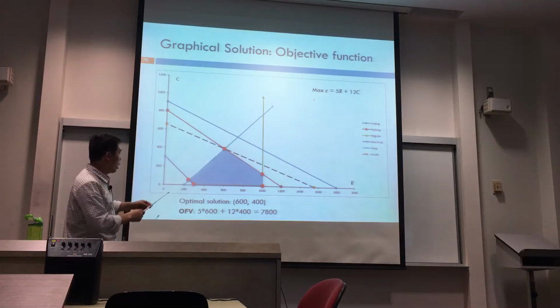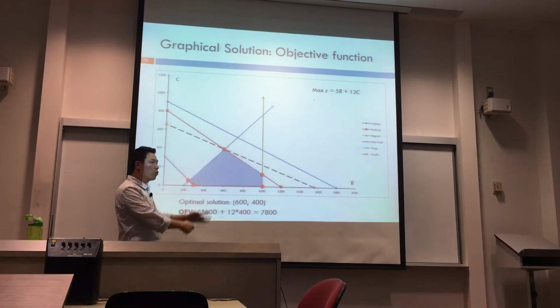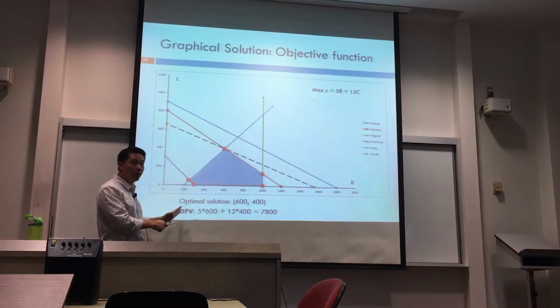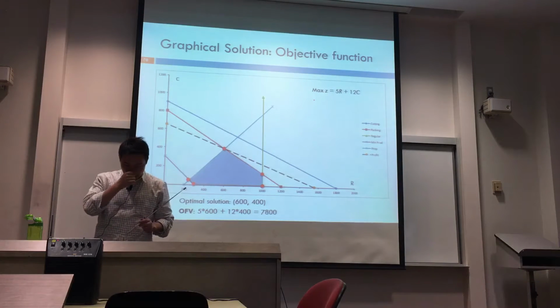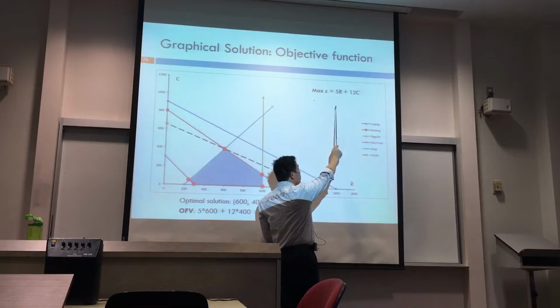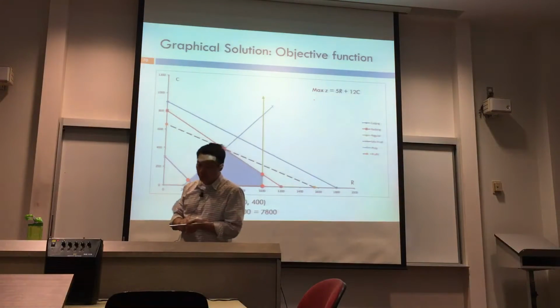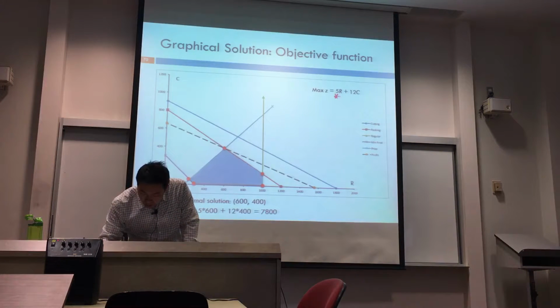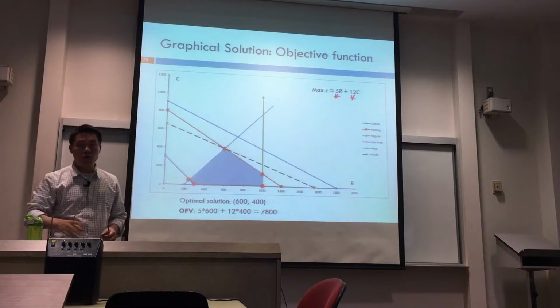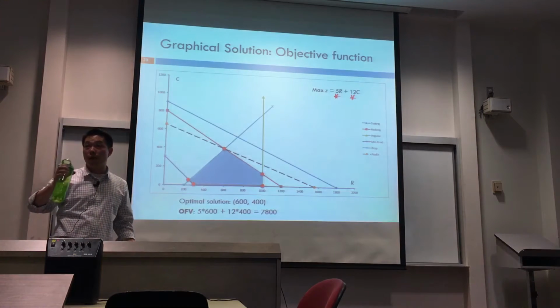We have the original feasible region, the original optimal solution, the original OFV, and that is the original objective function. So 5 and 12, those are the coefficients of the objective function.